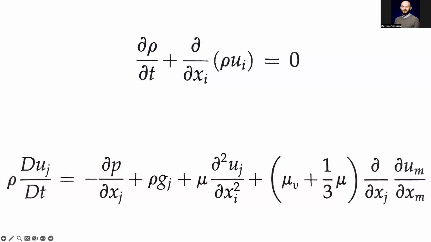Why don't we generate density? This is saying that any changes in density that happen with time must be the result of flux. And likewise, any changes in flux must be the result of time. There is no way to create density.